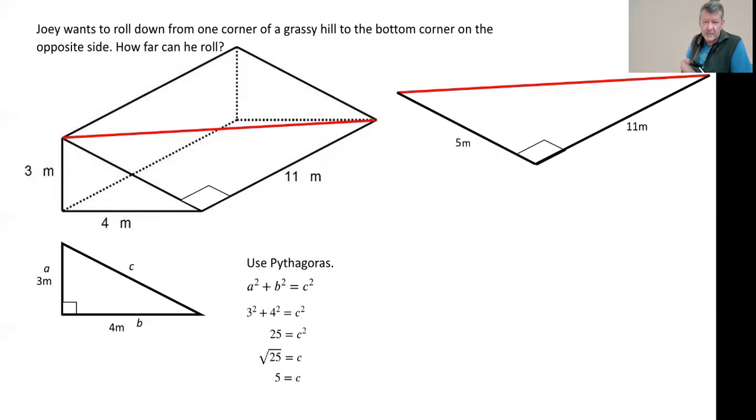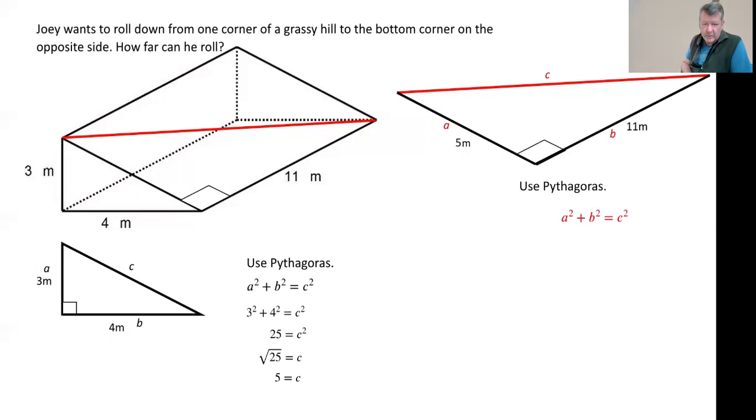There is 5 meters. Now, did we need an angle for this one? No, we were trying to find how far Joey could roll down that red line. So again, Pythagoras, great. A squared plus B squared equals C squared. Label our C, label our A and B. There we go.